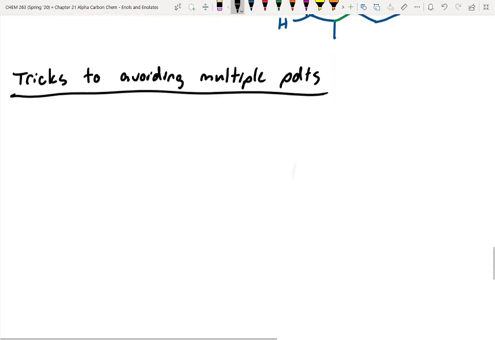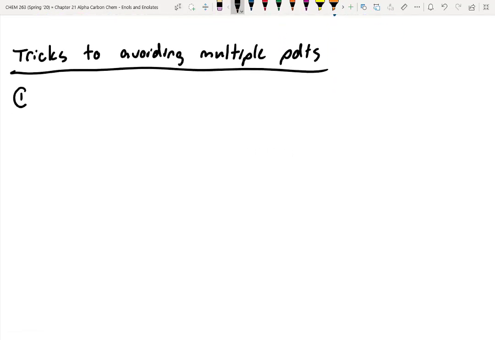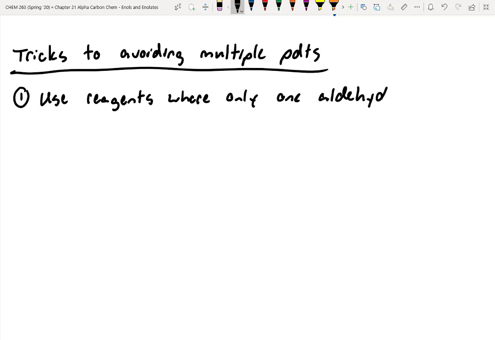All right, the first one is use reagents where only one aldehyde has alpha protons.